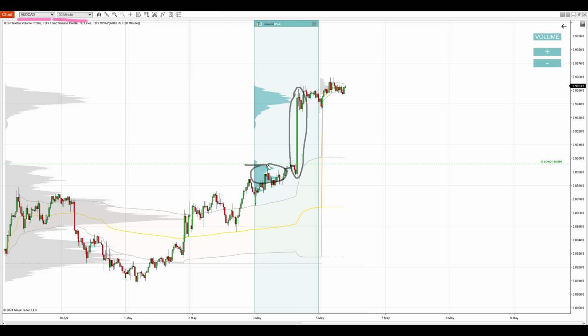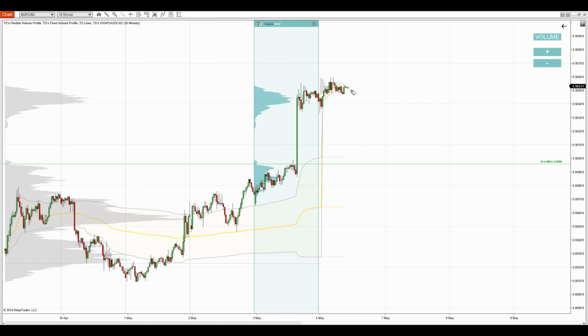The level which I have here, the support, is at the beginning of that heavy volume zone, and it is at 0.8996. And that heavy volume zone, which the level is based on, represents a place where buyers were active, where buyers were adding to their long positions, and then the buyers from here manipulated the price into this strong buying activity.